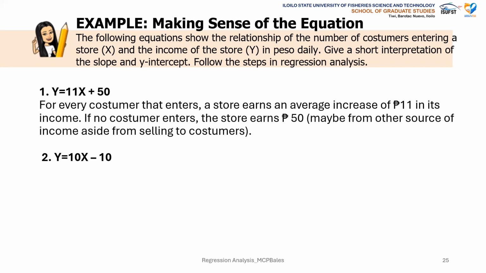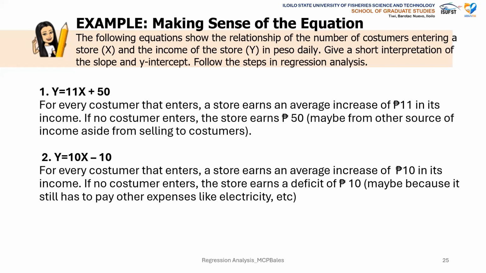For every customer that enters, a store earns an average increase of how many pesos? 10 pesos. Exactly. 10 in its income. If no customer enters, meaning x is 0, so 10 times 0, that's 0, minus 10, it's negative 10. If no customer enters, the store has a deficit of 10 pesos. Maybe because it still has to pay other expenses like electricity, etc. That's what is meant if you have these regression equations.